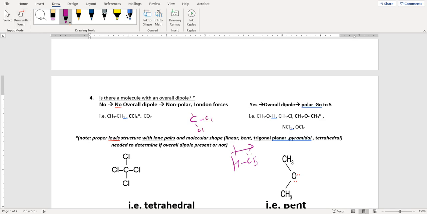Let's do carbon tetrachloride. Chlorine is more electronegative than carbon. I put in the dipoles, and then they all cancel out, so there is no overall dipole. Therefore, that molecule is going to be London forces.